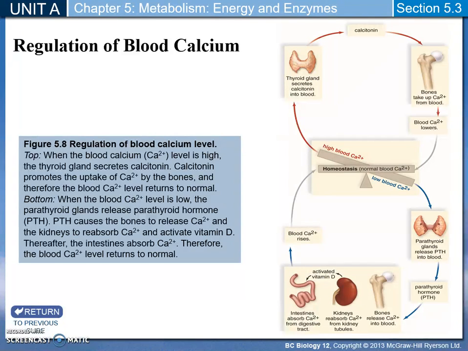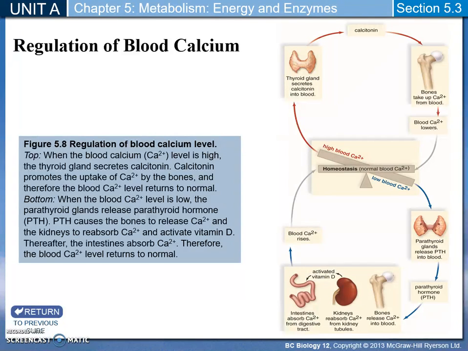It causes the bones to release calcium into the blood, also causes the kidneys to reabsorb calcium from the kidney tubules, and causes the kidneys to activate vitamin D, and the activated vitamin D acts on the intestines to absorb more calcium from the digestive tract. Thereby, all of those different factors increase the blood calcium levels, thereby maintaining homeostasis.